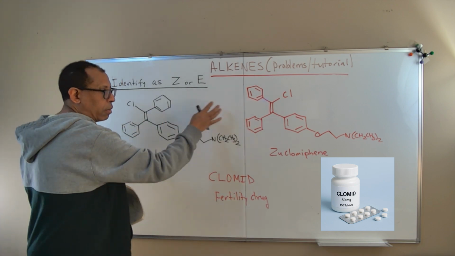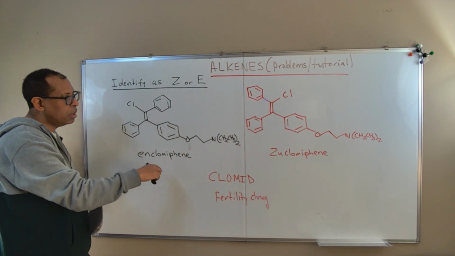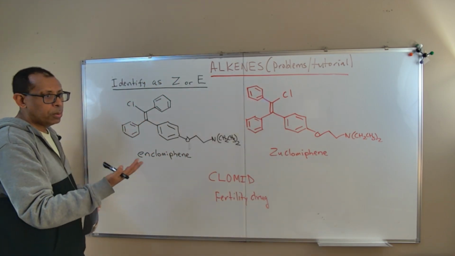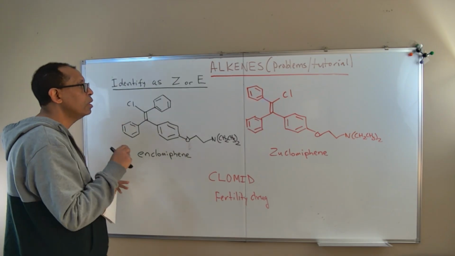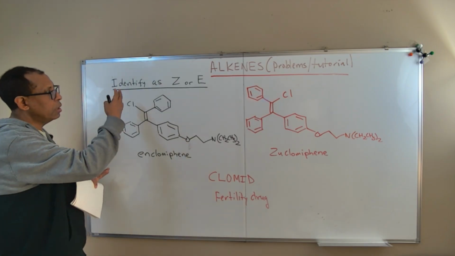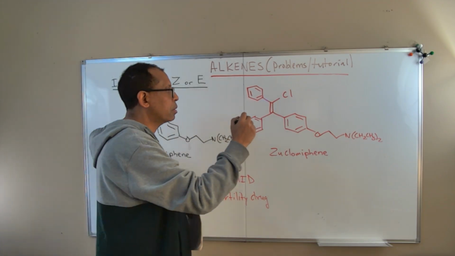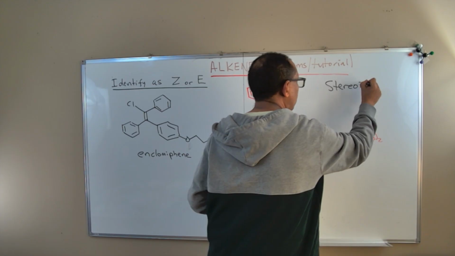Clomid is a mixture of these two stereoisomers. One is zuclomiphene and the other is enclomiphene, and they are sold as Clomid, a mixture of stereoisomers. So Z and E are stereoisomers. Something you need to know is that they are stereoisomers.